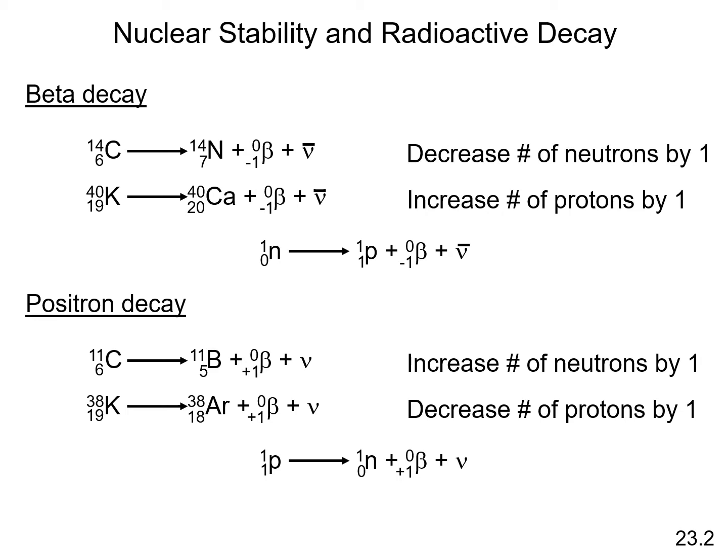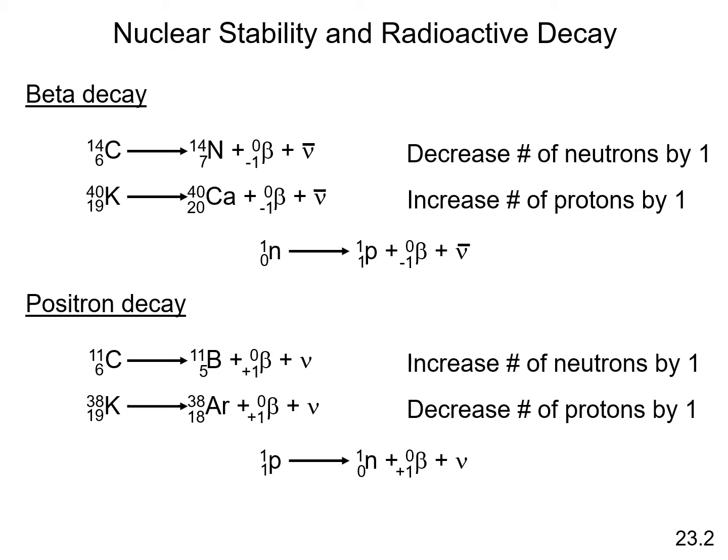Another common nuclear decay is the positron. This is just the opposite of your beta electron. It's an electron, but it has a positive charge, so it's just like a reverse. We call this a positron. What happens here is the proton is converted into a neutron, emitting the positron and, of course, a certain amount of energy.